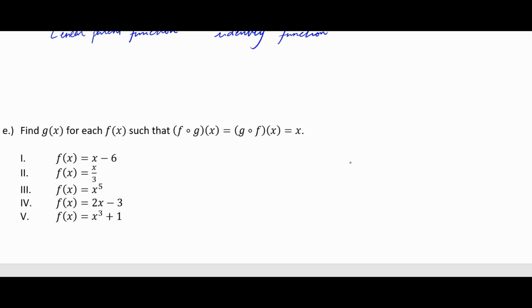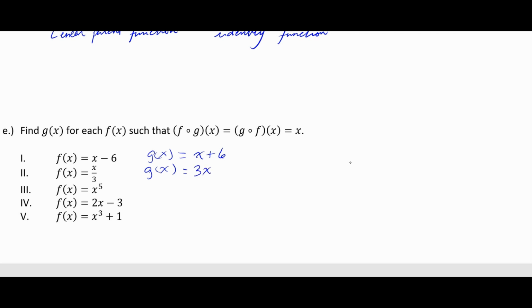So if I see minus 6, I want to think about, okay, g of x in this case could equal x plus 6, the inverse of that. And then for this one, x over 3, well, that one's saying dividing by 3, so I'm going to want multiplying by 3.